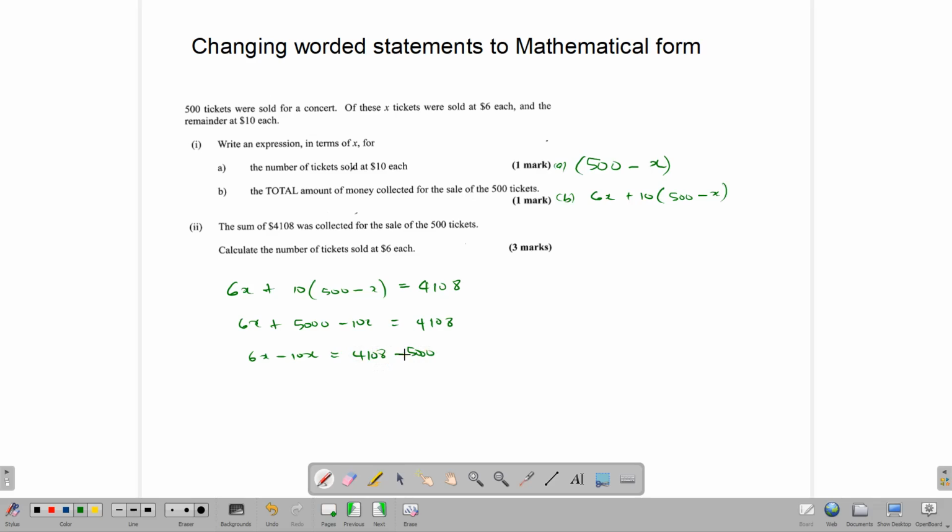Now, 4,108 minus 5,000 gives us negative 892. So we're going to have here negative 4x is equal to negative 892. And to get the value of x, which is the number of $6 tickets, we need to say x is equal to negative 892 divided by negative 4.